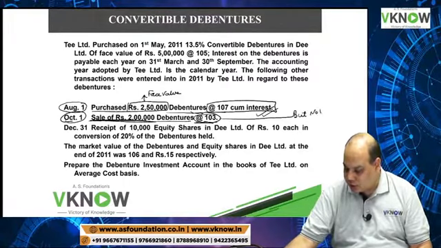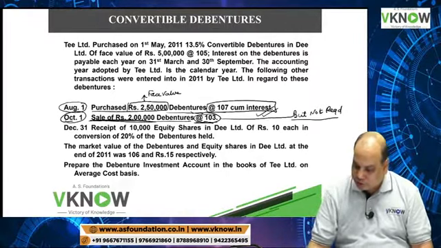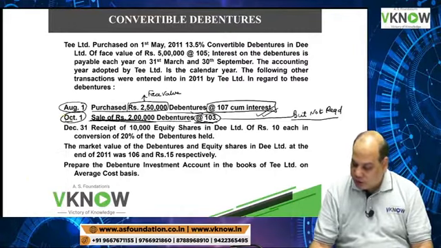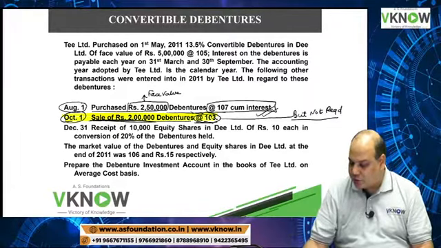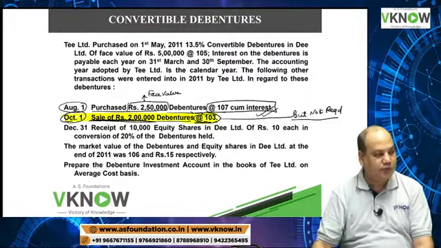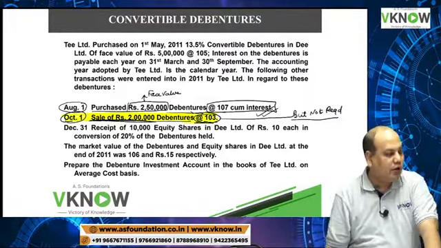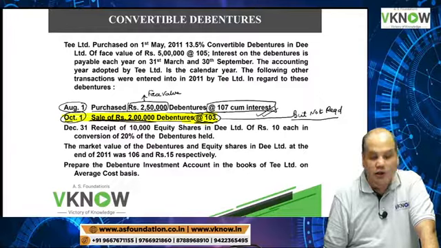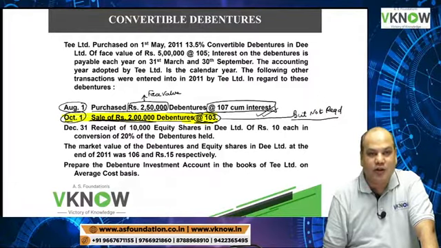Ex-interest or cum interest is not required. I will give you a chance to guess why I am saying ex-interest or cum interest information is not required on 1st October. Anybody, any idea why they have not given at 103 whether it is ex-interest or cum interest?